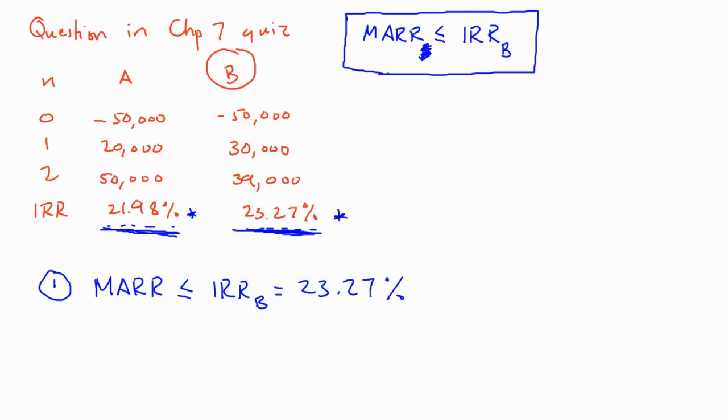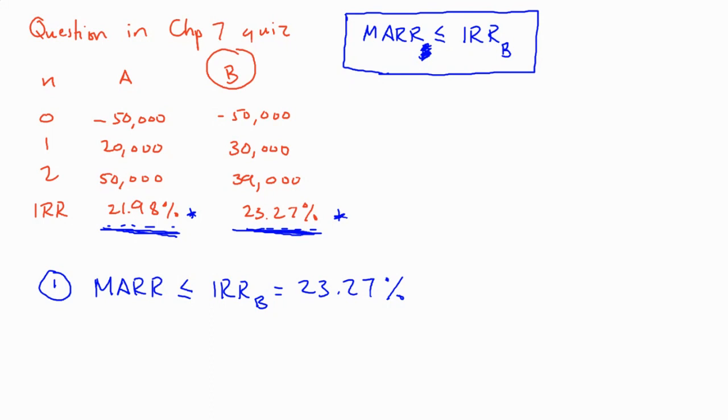Remember, the initial check that we do, if we have a MAR value, is to compare it to both, and then we exclude. So should my MAR have a condition that relates to both the IRR of B and also the IRR of A?